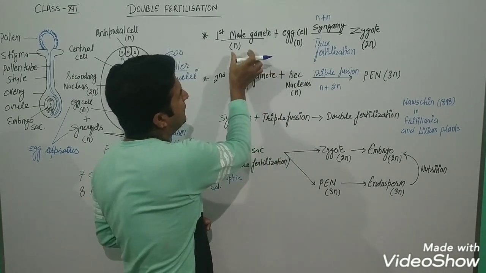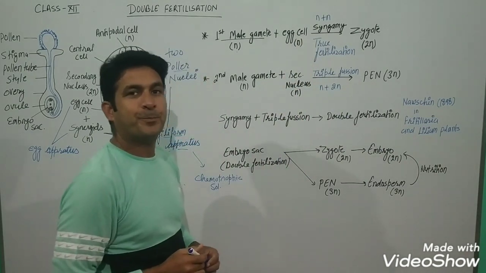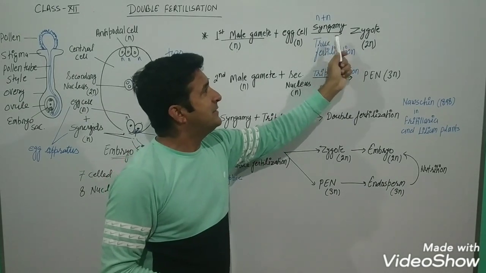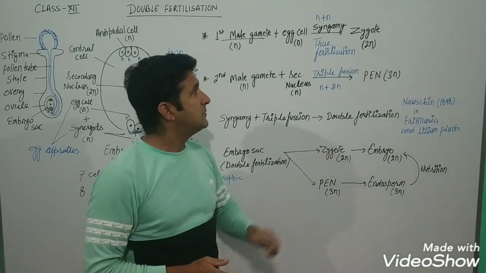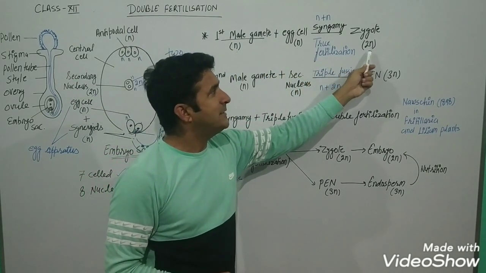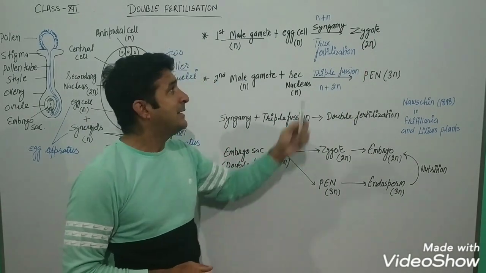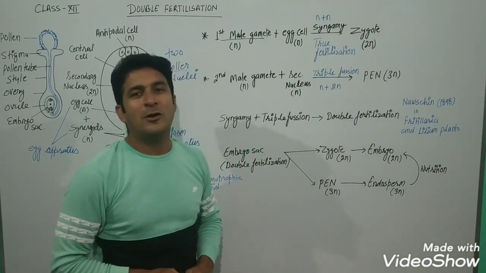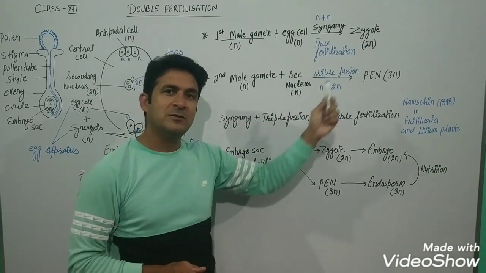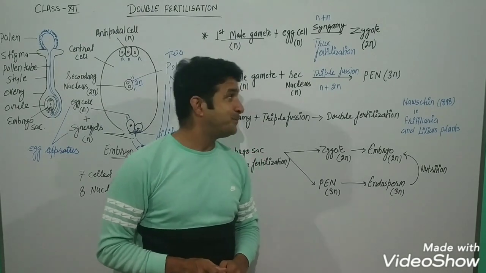The mating of the first male gamete with the egg cell is called syngamy. Syngamy synthesizes a zygote, so n plus n gives 2n, a diploid zygote. The formation of the zygote is called fertilization, and syngamy is called true fertilization because the diploid zygote is synthesized in this process.